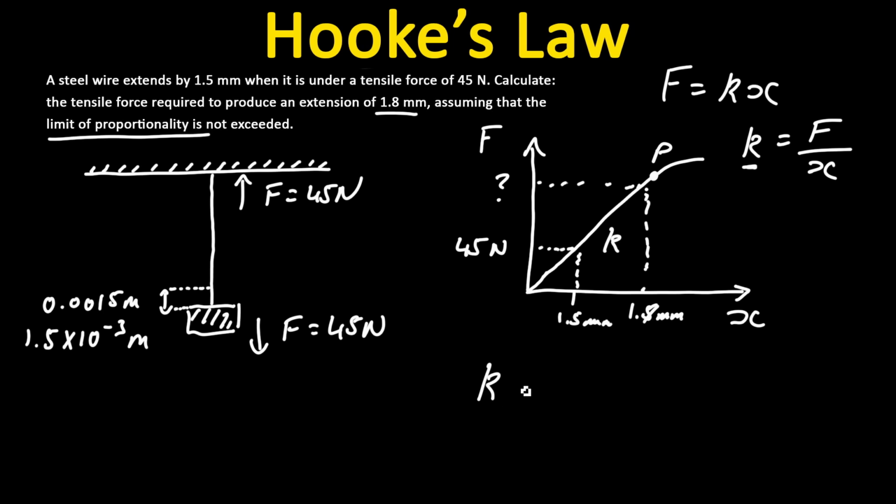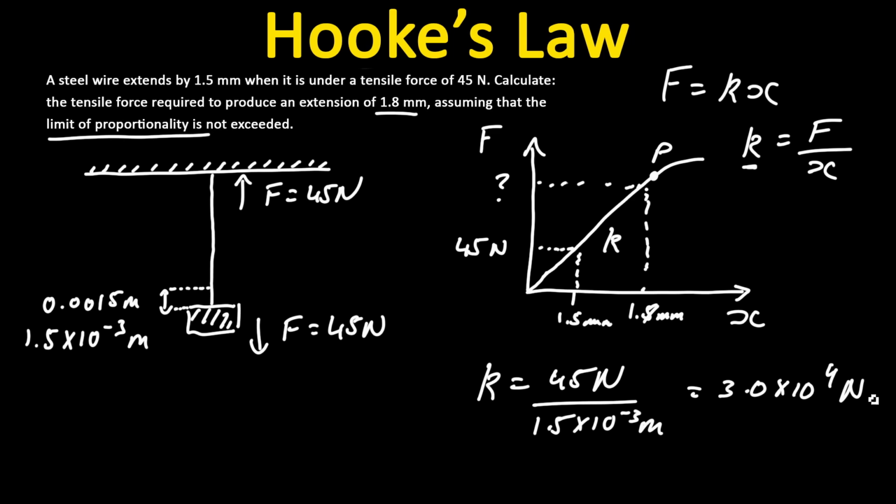So our spring constant is equal to 45 newtons divided by 1.5 times 10 to the minus 3 meters. We get an answer of 30,000 newtons per meter, or 3.0 times 10 to the 4 newtons per meter. So this gives us the gradient of our graph for Hooke's law.